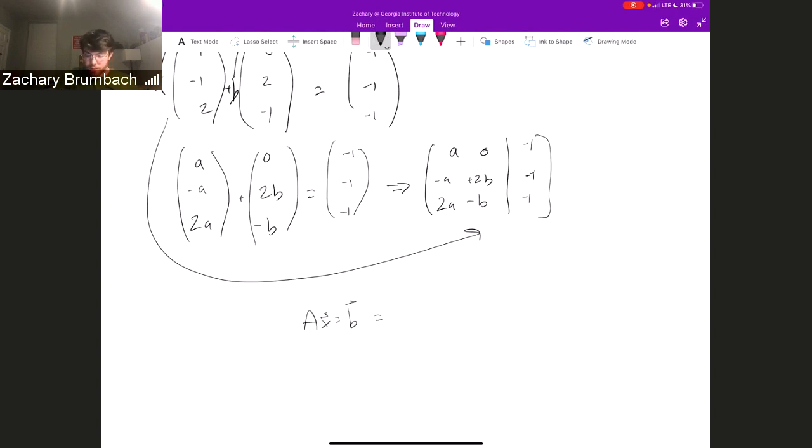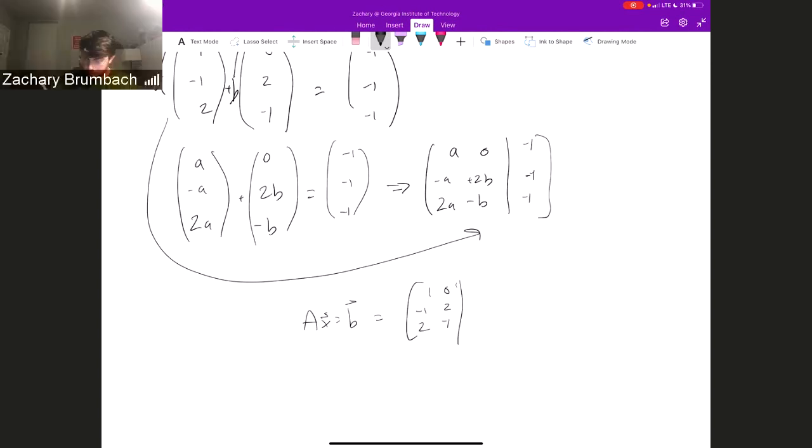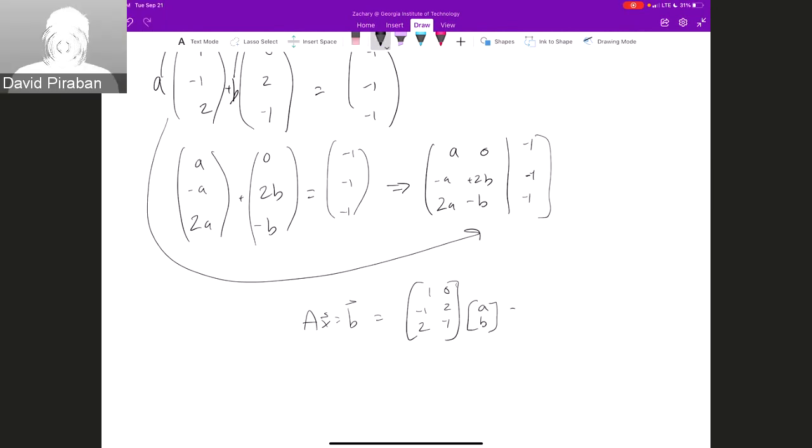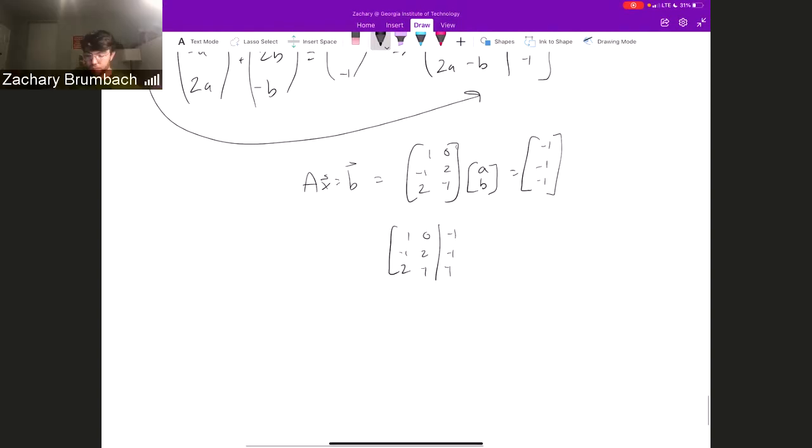So this is 1, 0, -1, 2, 2, -1, multiplied by our variables a and b, equals -1, -1, -1. This should be very familiar to you at this point. So 1, 0, -1, 2, 2, -1, augmented with -1, -1, -1.